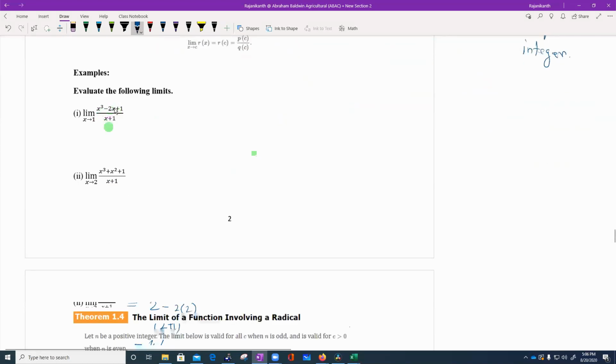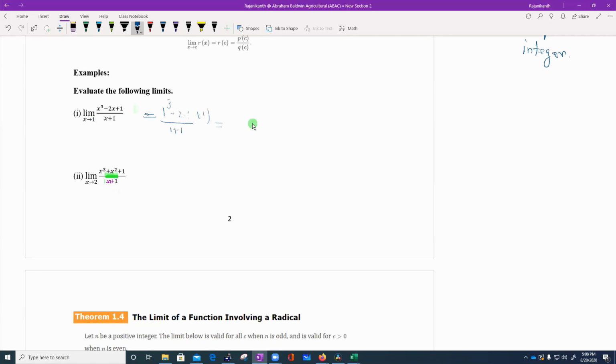Yes, you have two polynomials you are dividing, okay? So how do you find the limit? Simply plugging 1 in the numerator and the denominator as well. Remember, your denominator should not be 0. Yes, if x goes to 1, 1 plus 1 is 2, a non-zero number. You are good here as well. If x goes to 2, 2 plus 1 is 3. So it is a good number. So simply plugging 1 for x, you get 1 cubed minus 2 times 1 plus 1 over 1 plus 1.